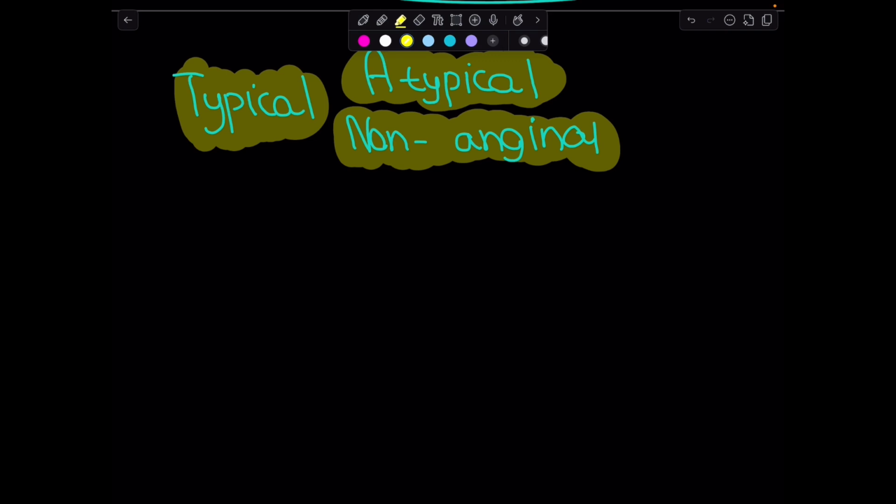Unstable angina, STEMI, ST elevation myocardial infarction, and NSTEMI, non-ST elevation myocardial infarction, are classified as acute coronary syndromes, ACS, because they involve sudden, critical reductions in coronary blood flow due to plaque rupture or clot formation, requiring urgent intervention to prevent heart muscle damage or death, unlike stable angina, which is chronic and predictable. Unstable angina causes severe, unpredictable. That makes sense. Okay.